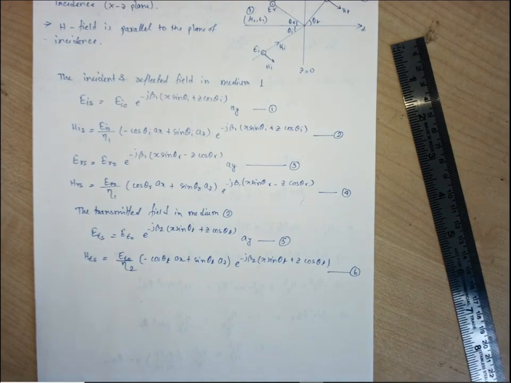Now again we need to go with the boundary conditions. The tangential components of E and H must be continuous at the interface z equals 0.